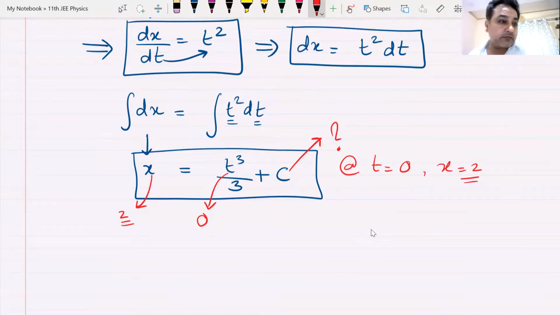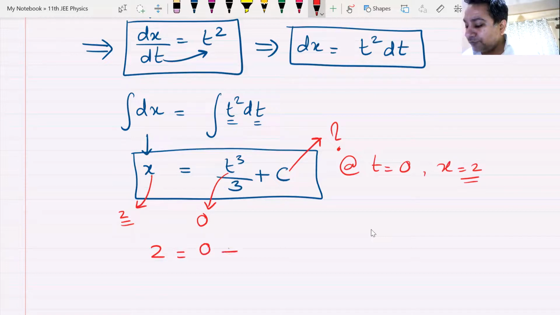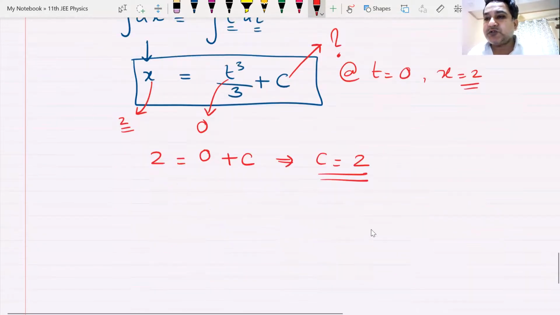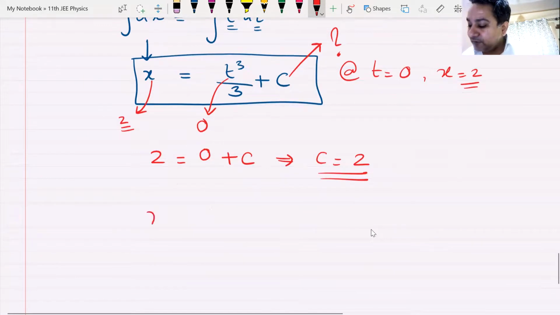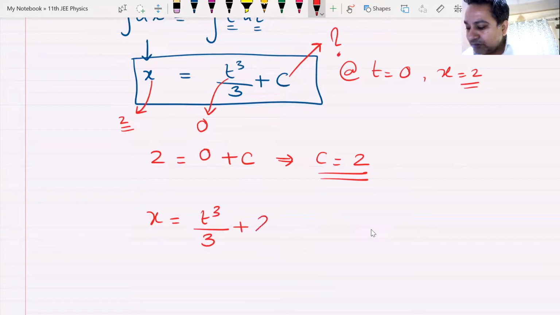You put the value here, 2 will be equal to 0 plus c. That implies c will be equal to 2. I move ahead. X will be equal to t cube by 3 plus 2.